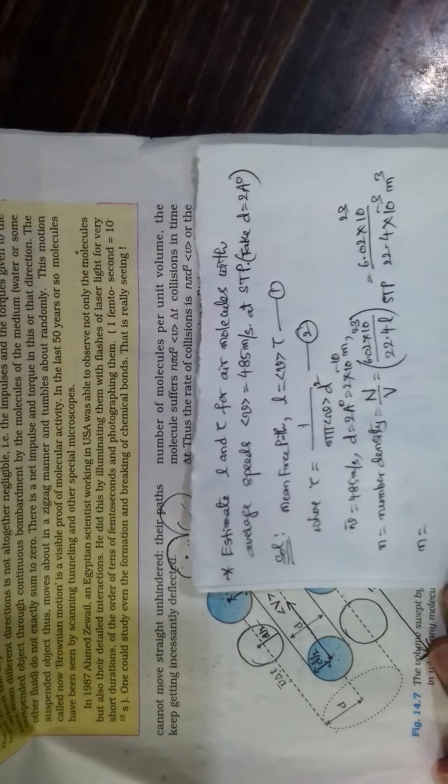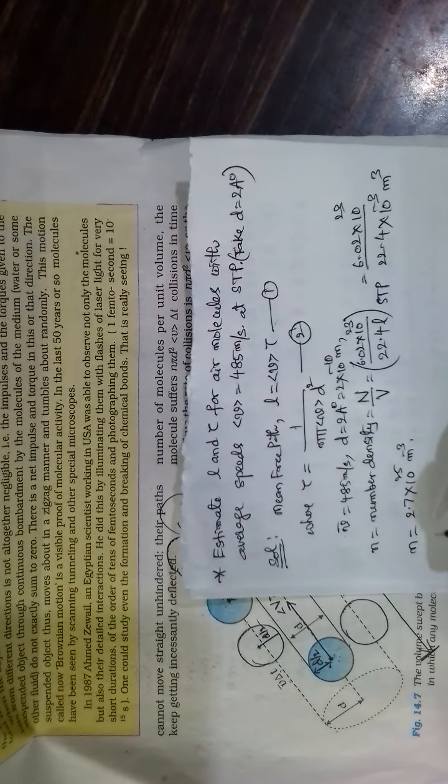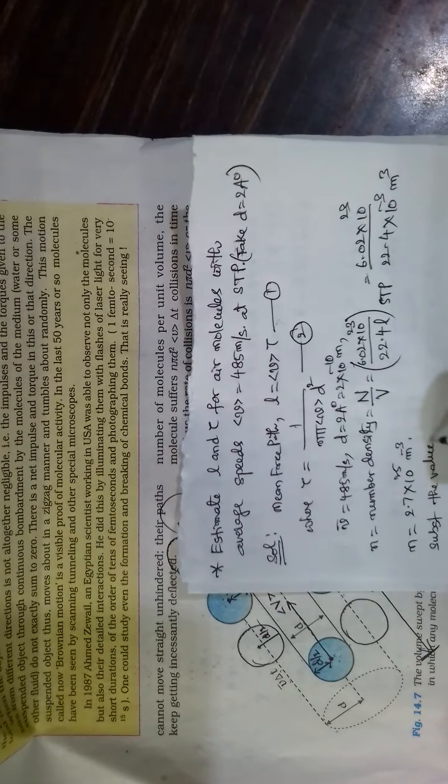From this we get the n value. Substituting these values in equation 2, we get average time period value as 6.1 into 10 power minus 10 seconds.